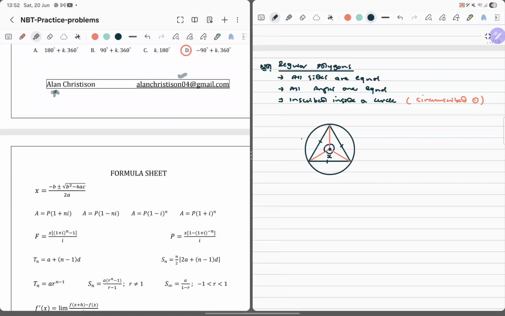So x plus x plus x, so 3x is equal to 360 degrees. Why? This is a revolution, or you can say angles around a point. So therefore x is going to be 360 divided by 3. Is it 120? 120 degrees.